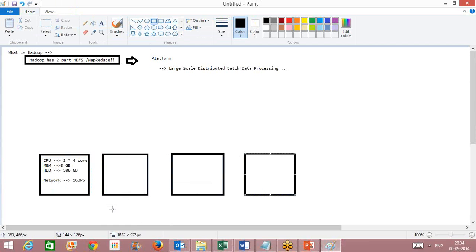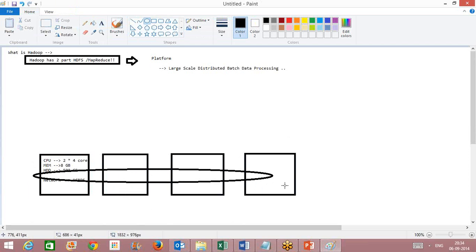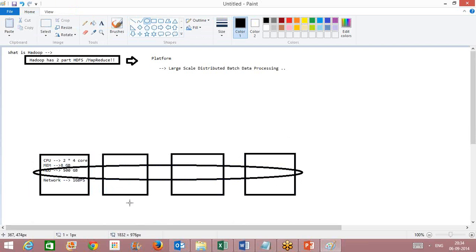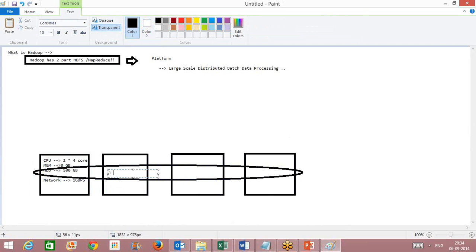When I want to make these machines work together, I want the characteristics of the machines to come together. For example, this machine has a 500 GB hard disk, this has another 1 TB hard disk, and so on. Let's say this machine has 1 TB, this machine has 2 TB, and maybe this machine has 1 TB.